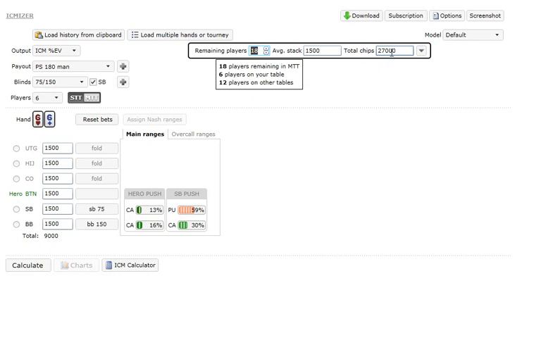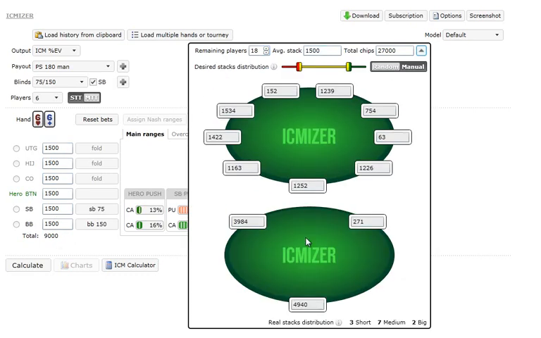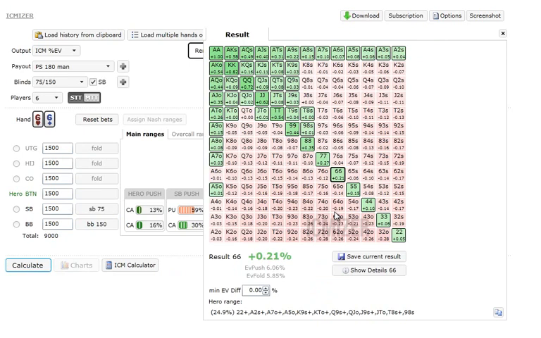and total is shown as 27,000. So if we say that there are 18 players, average stacks would be all like that. We can check how it would distribute stacks. We can see stacks are pretty close to ours, basically. It randomly distributes stacks, so we are now analyzing the situation in a multi-table tournament.